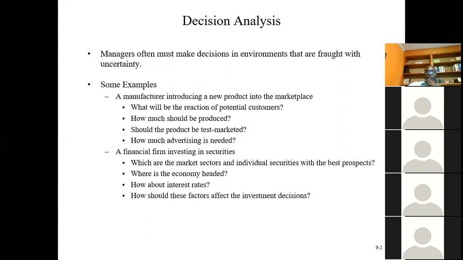Okay, so the book gives an example of, say, a manufacturer introducing a new product, and a couple of questions he might ask himself are: what would be the reaction of potential customers? You'll notice that every question here will usually have 2 or 3 or 4 potential outcomes or options available to whoever's making the decision. What would be the reaction of potential customers?